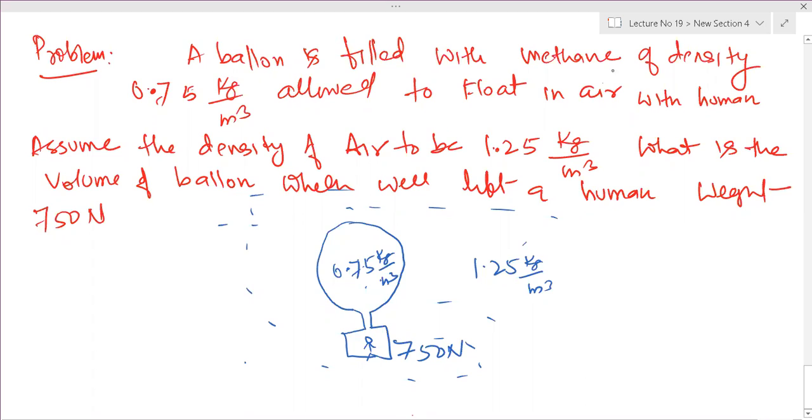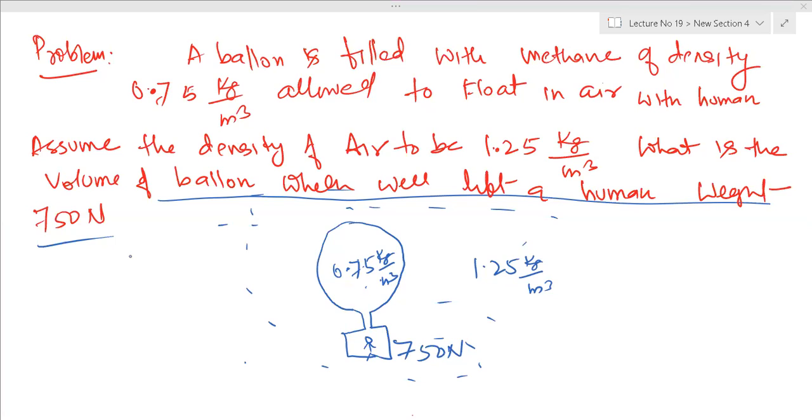A balloon is filled with the methane of density, allowed to float in air with a human. Assume the density of air to be this. What is the volume of balloon which will lift a man of weight this much? Okay, solve this. Let me check your concepts.